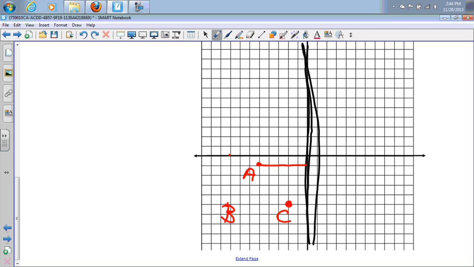I'm going to take this point and I'm going to flip it over the mirror, or the y-axis, and flop it the same distance across.